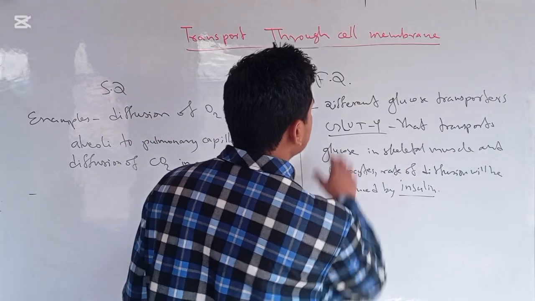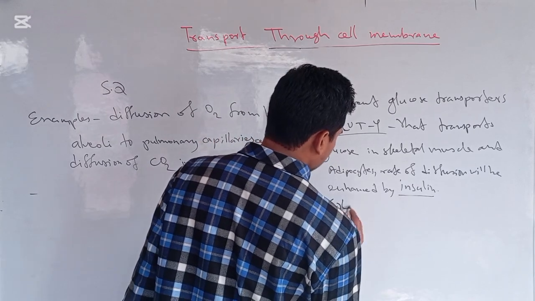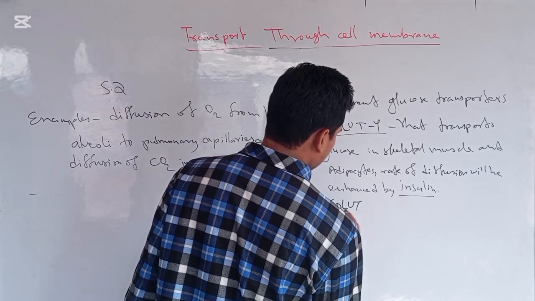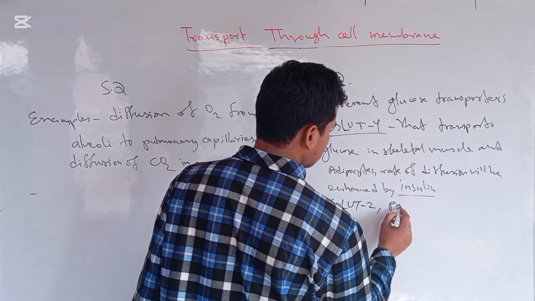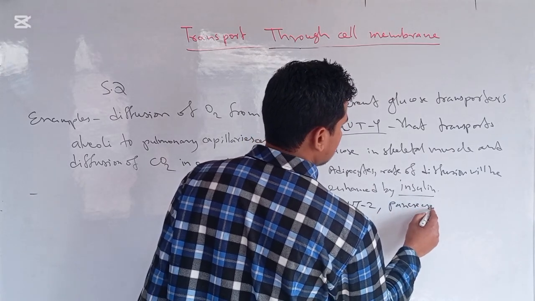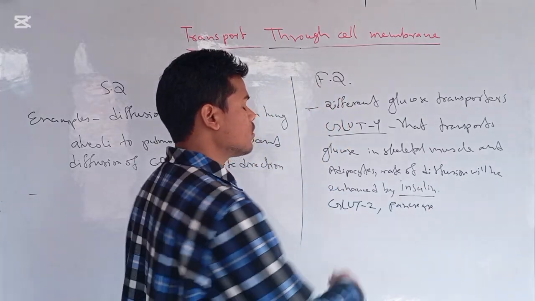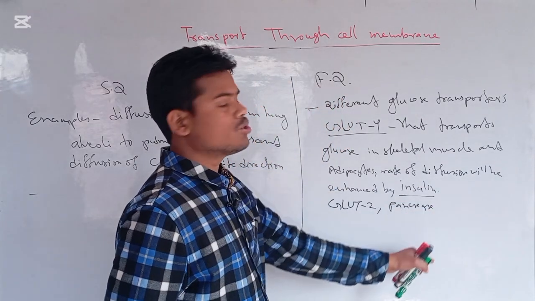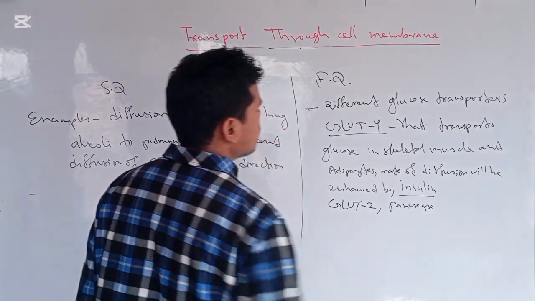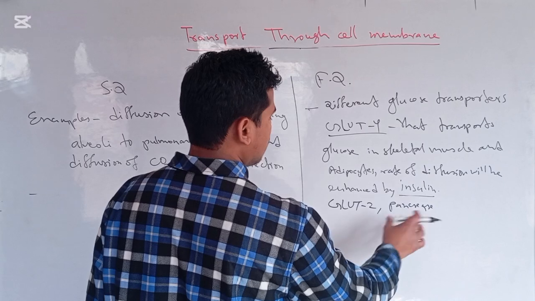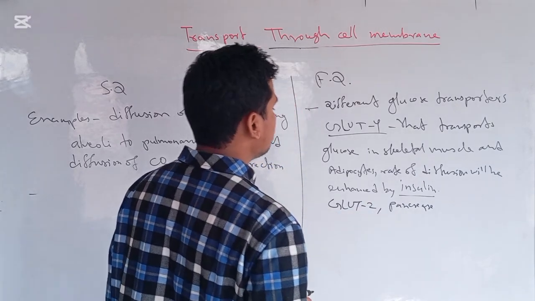So this is accelerated diffusion, and GLUT2 is found in the beta cells of the pancreas. There also glucose entry occurs under certain conditions, and then insulin will be synthesized and released. I will talk in detail about this mechanism in the endocrine block.